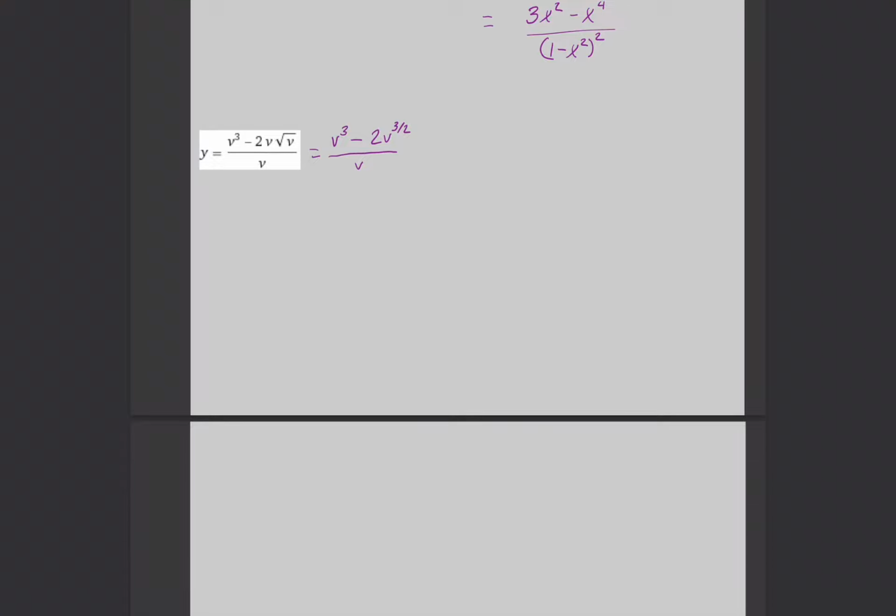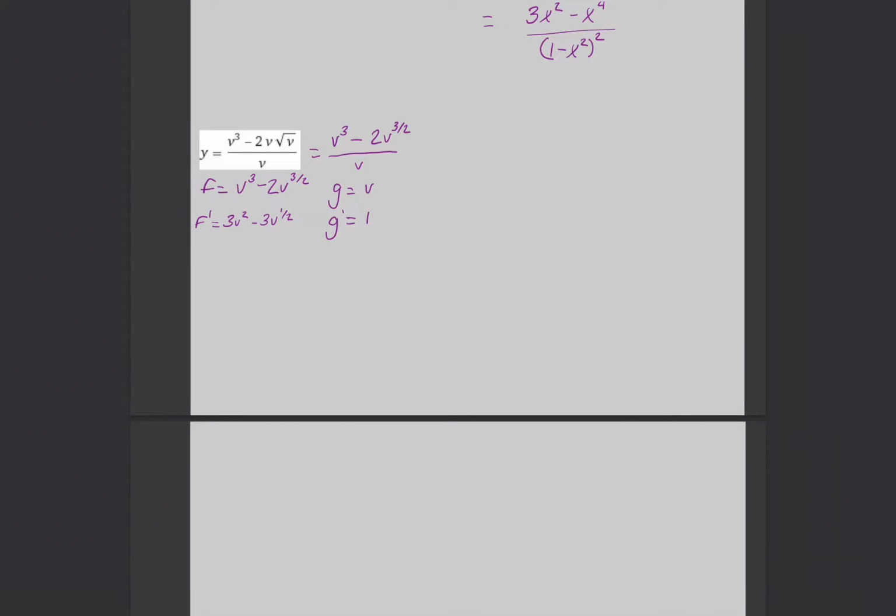I was just combining the v and the square root of v. So our f equation will be v cubed minus 2v to the 3 halves, and our g will equal v. Now if we take the derivative of f, we'll get 3v squared minus 3v to the 1 half, and our g prime will equal 1.